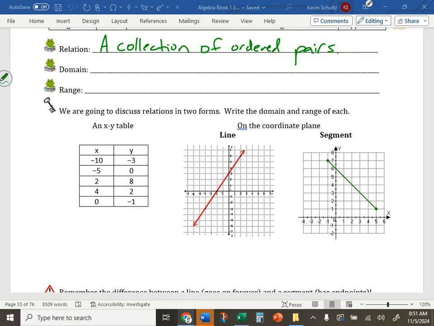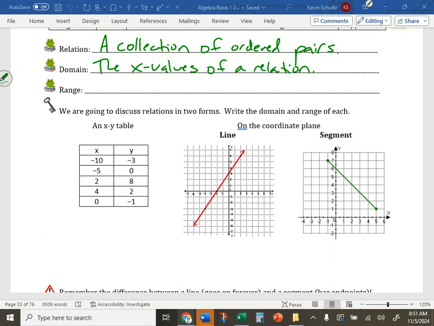That's quite possible. Domain. Talking about relations, the domain are the x values of a relation. So if I'm describing the domain of a relation, I'm talking about just the x values in a table.